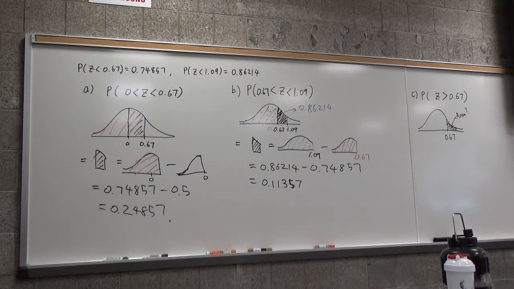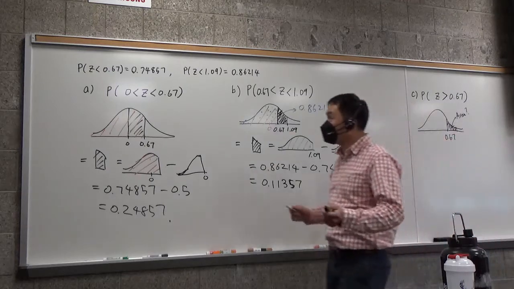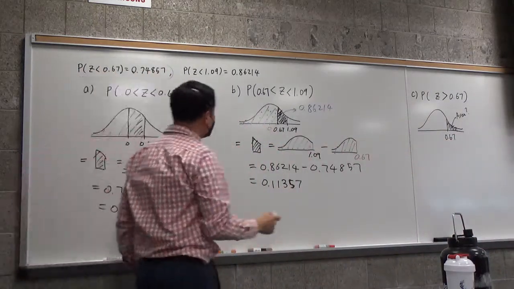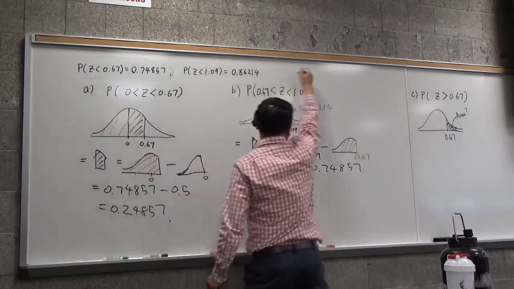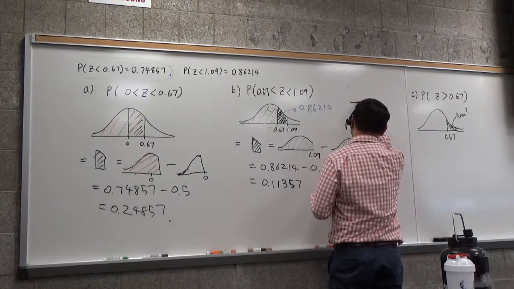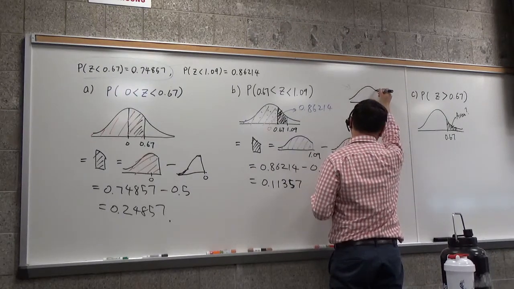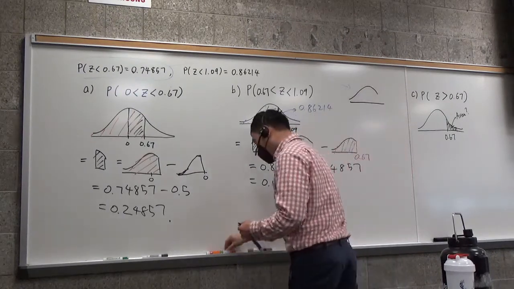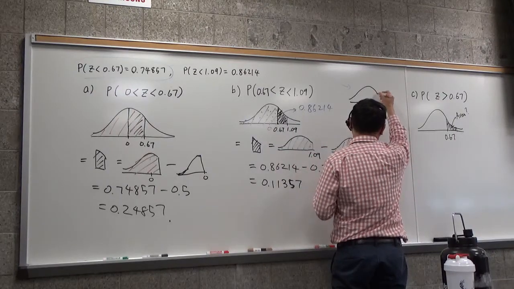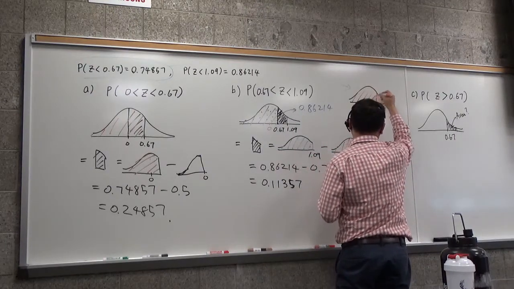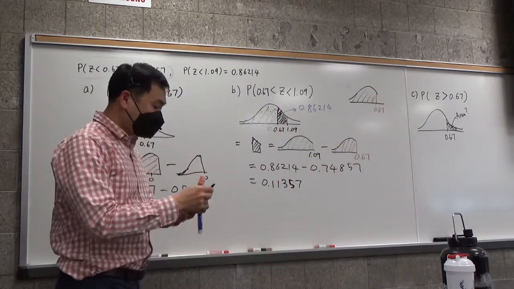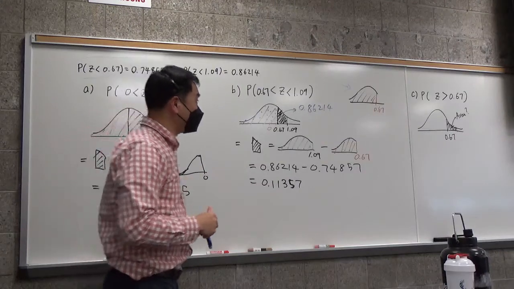Now compare that with this one here. I drew this but erased it, so let me draw it again. That's what it is, right? Who can tell me the relationship between those two areas?